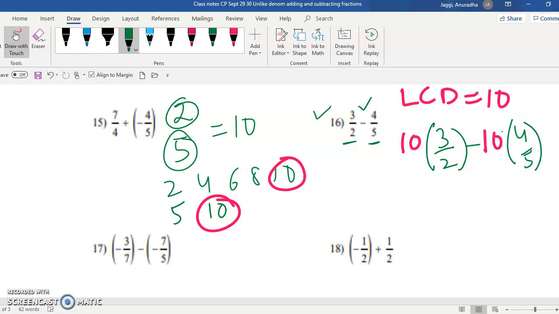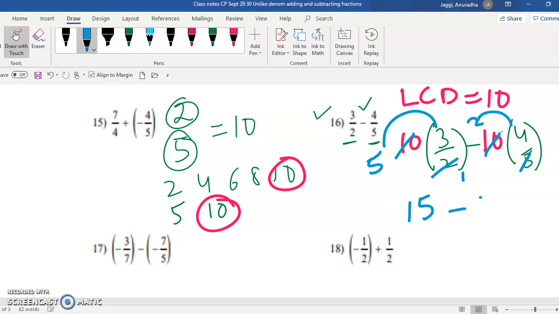So you're going to start simplifying. 2 goes into 10 5 times. 5 goes into 10 2 times. 5 times 3 is 15, minus 2 times 4 is 8. 15 minus 8 is 7. So this is the answer of step 3.